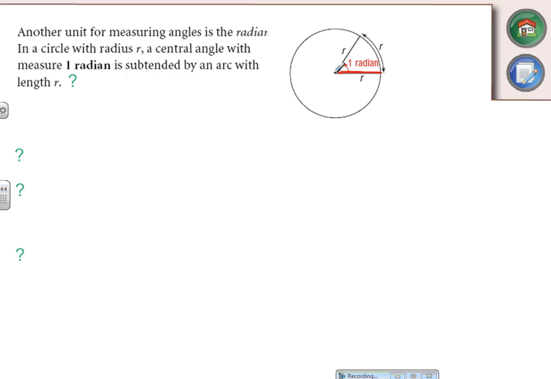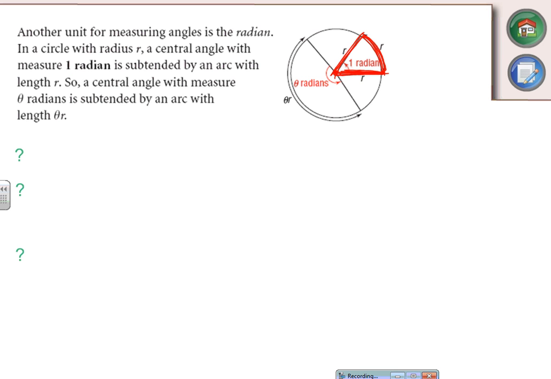Take that length, like let's say I take a piece of string and I cut it that length of a radius. I put it along the arc of the outside, and then I cut my piece of pie back in. So I got my pizza there, a radius long by radius. That is a definition of 1 radian. It is the arc length that is 1 radius long.